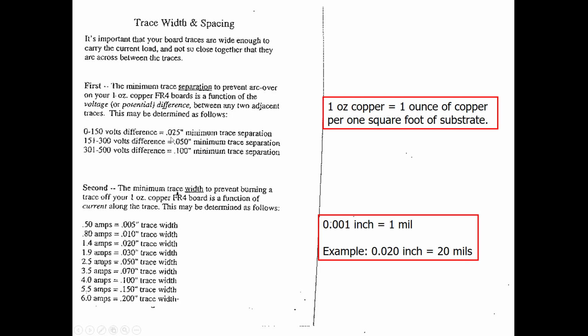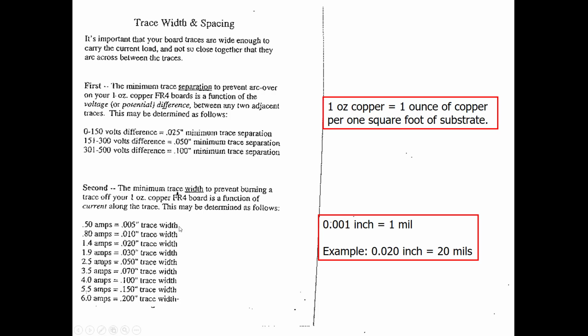So you can see here that if you have 25 mil trace separation, you can have a difference of 150 volts across the traces and it shouldn't arc. For 50 mil trace separation, you can go up to 300 volts. So the further apart you have your traces, the more voltage you could have across those traces without having an arcing issue.